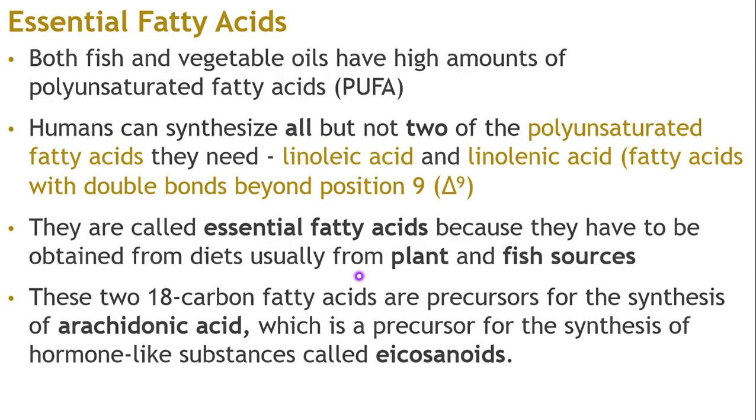This means that in the biological system of human beings, our system is able to synthesize almost all the polyunsaturated fatty acids that we need, except 2 main fatty acids, which are the linolenic acid and also the linoleic acid, which are fatty acids with double bonds that are placed beyond position 9.